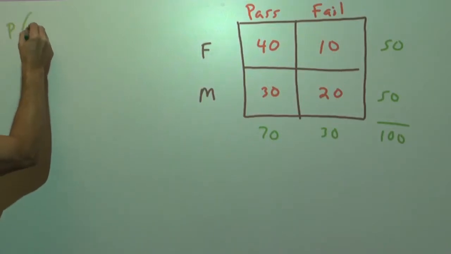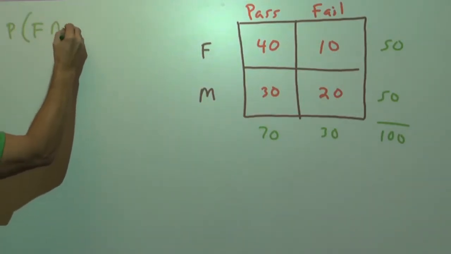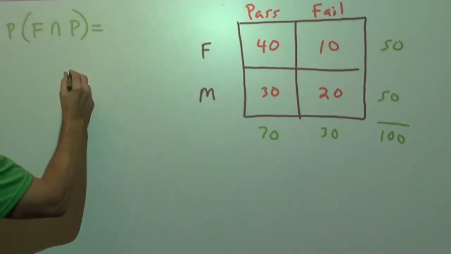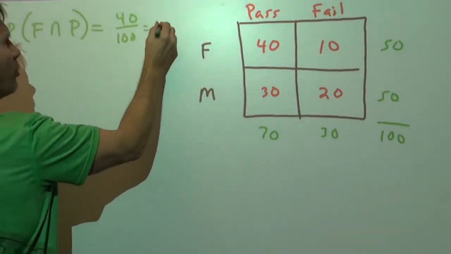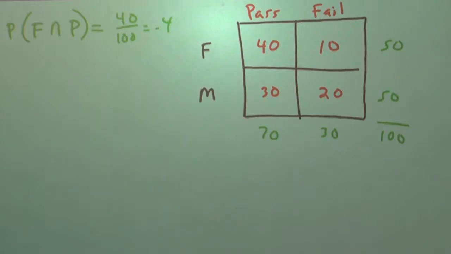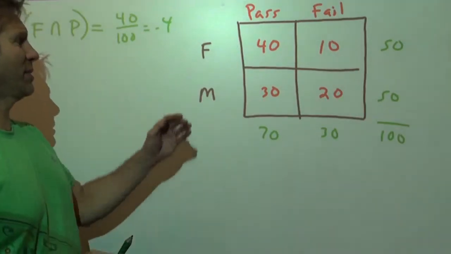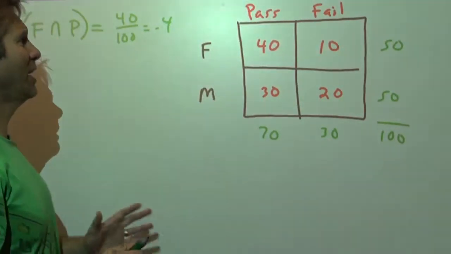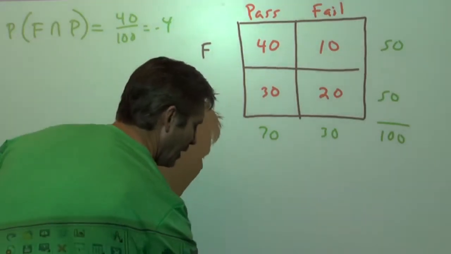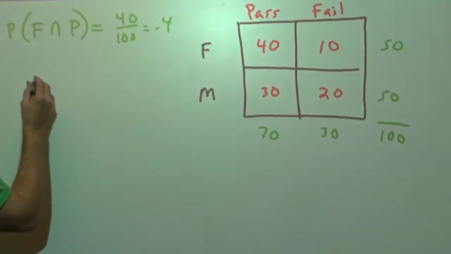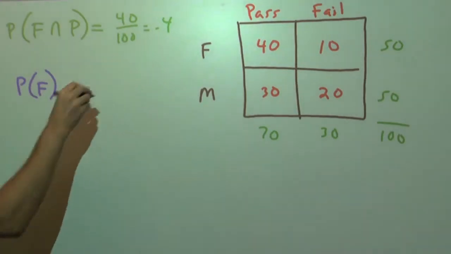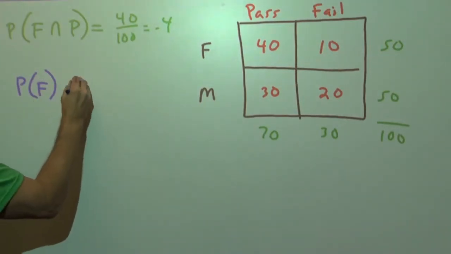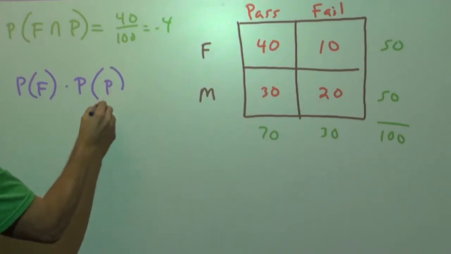So the probability that we have a female and that female passes the test is 40 out of 100, which is 0.4. Now, if these two events, being a female and passing the test, are independent of each other, then we should get that same probability just by multiplying the probability of getting a female times the probability that someone passed the test.